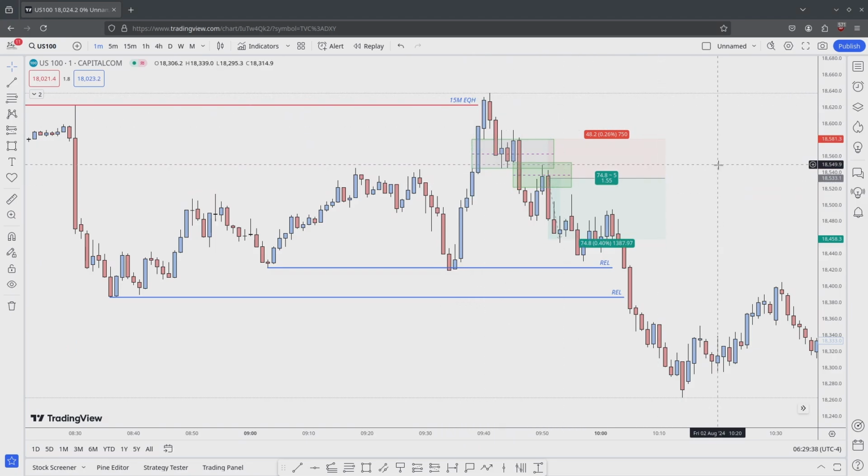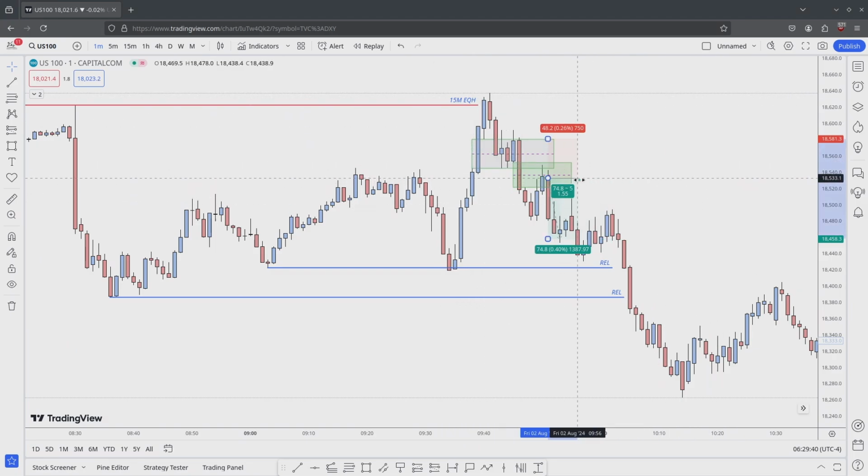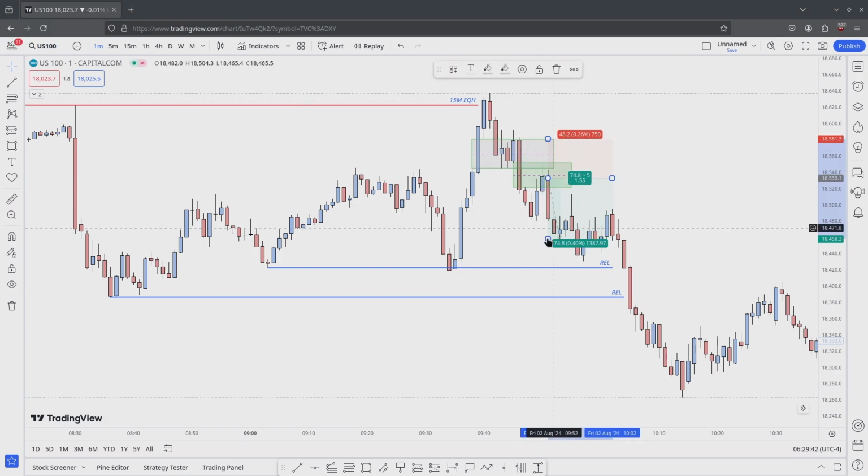That's all up to you. So we would have that stop up there, and then we would be looking for the normal 5 handles, which would be right there.